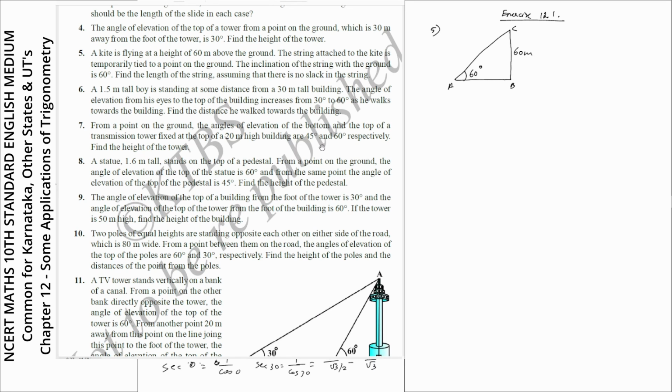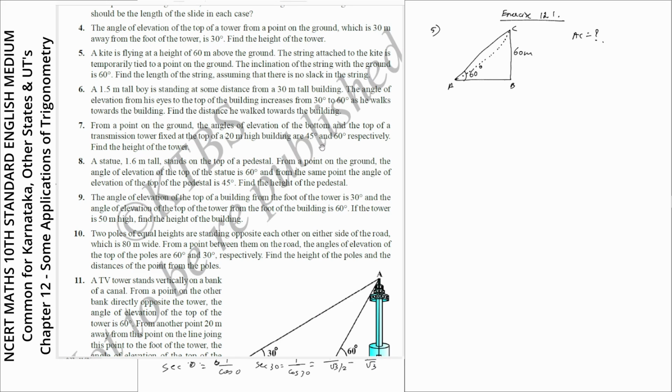Now I should find the length of the string, assuming that there is no slack in the string. So usually there will be slack, something like this. AC will not be straight, it will be a curved line, but we should assume that it's a straight line, and we should find the length of the string.